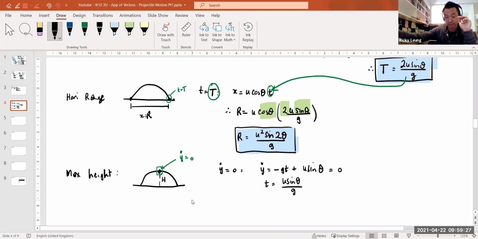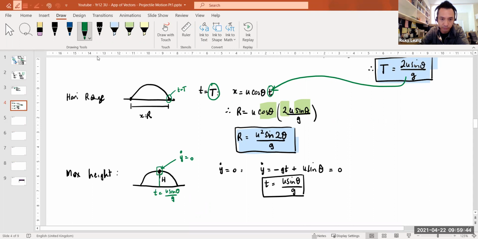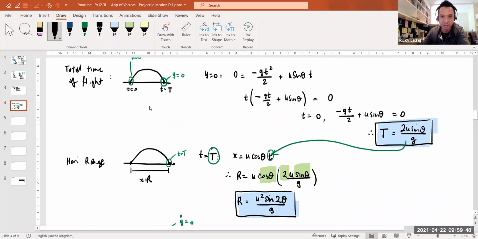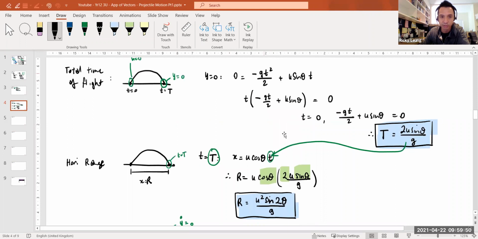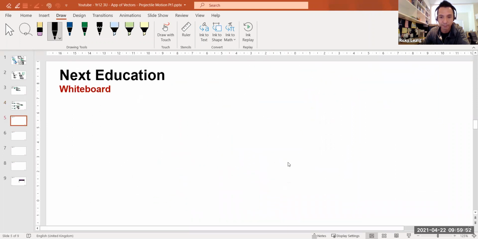Because it's symmetrical, half that time is when I would reach max height. So that's the time. To get to this point here, time equals u sine theta on g. I'm going to sub this into the y displacement, which I have up here, to get my max height.